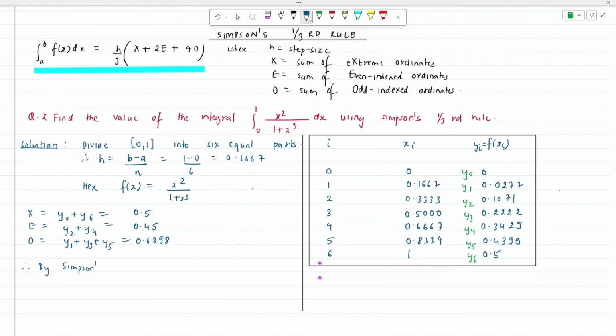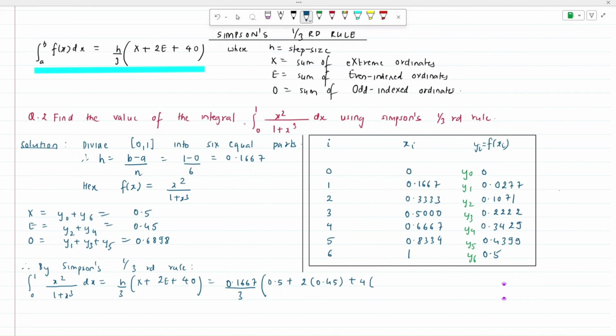By Simpson's one-third rule, the integral from 0 to 1 of x square divided by 1 plus x cube dx is equal to h by 3 times capital X plus 2 times capital E plus 4 times O. Substituting the values, this is going to be 0.1667 divided by 3 times X, which is 0.5, plus 2 times E, which is 0.45, plus 4 times O, which is 0.6898.